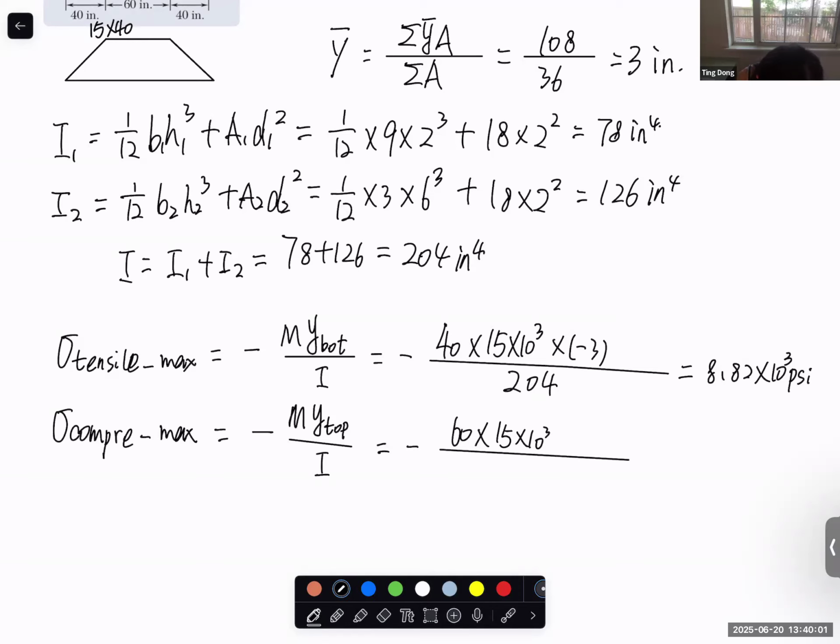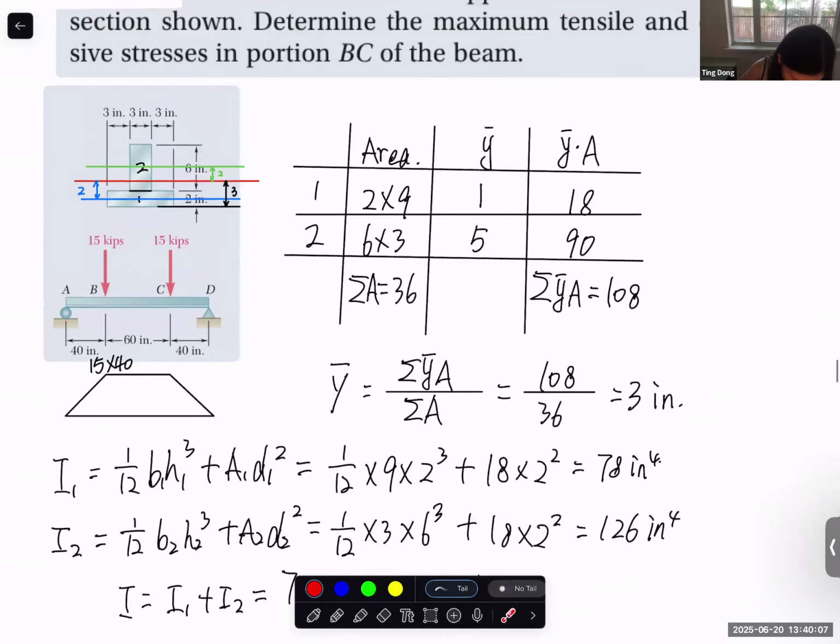And the y top is 5. So it should be, let's draw a top line here. This one is 5. Makes sense or not?